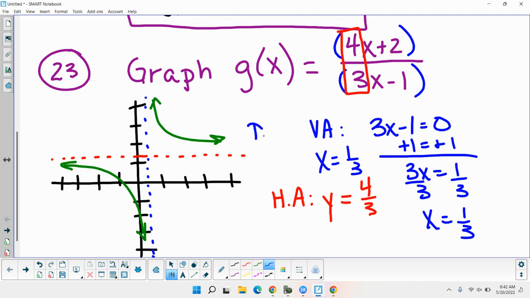The domain is x, and 1/3, but instead of equals, what do we put? Yeah. Does not equal. Okay? And the range is the same as the horizontal, the same thing. It's not y equals 4/3, it's y does not equal 4/3. That's how we wrote it. Actually, what we're saying is the domain is all real numbers except 1/3, and the range is all real numbers except 4/3. But we just wrote it like that.